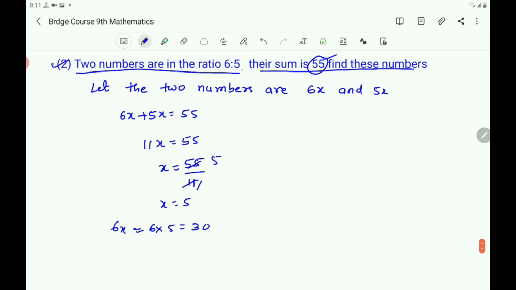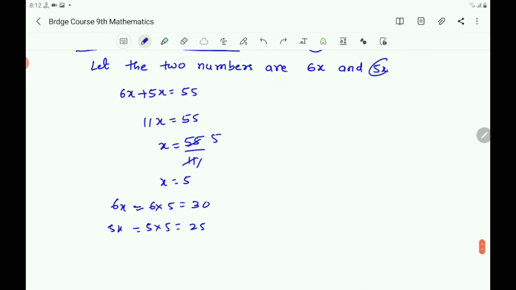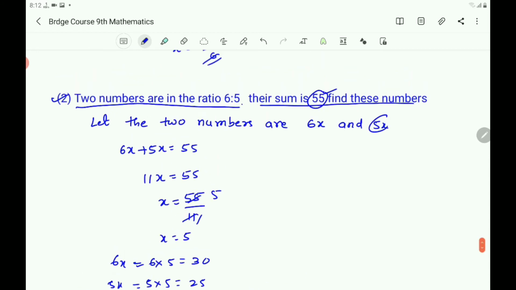And the other number that we have taken is 5x. Then 5x equals 5 into 5, that equals 25. You got their sum 30 plus 25, 55. So the two numbers are 30 and 25.